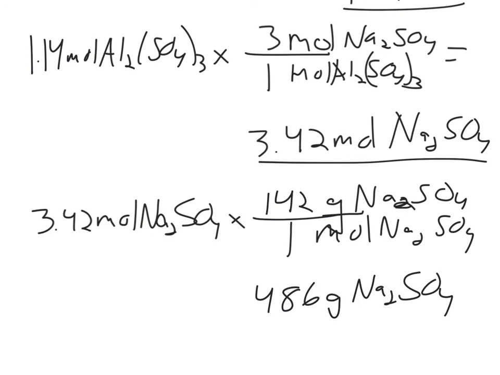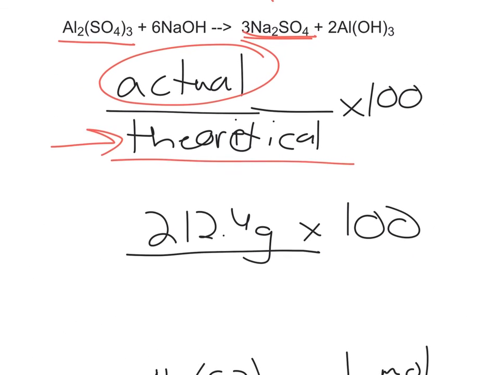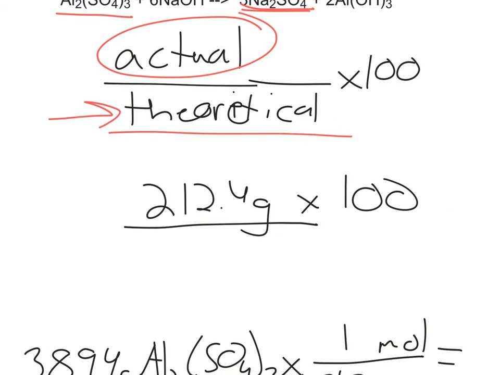Now that was all math. So because it was a math calculation that gave me that number, that is a theoretical yield, 486. So I'm going to go back up here. Theoretical went on bottom, remember? So that was me calculating my bottom number, 486. Okay.